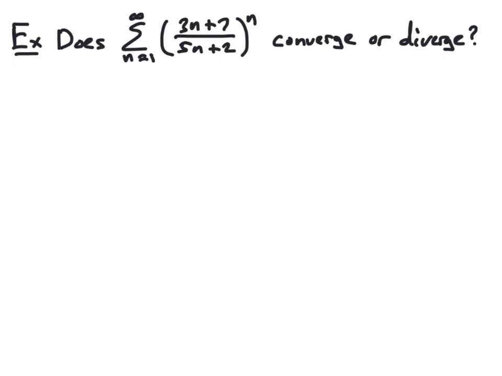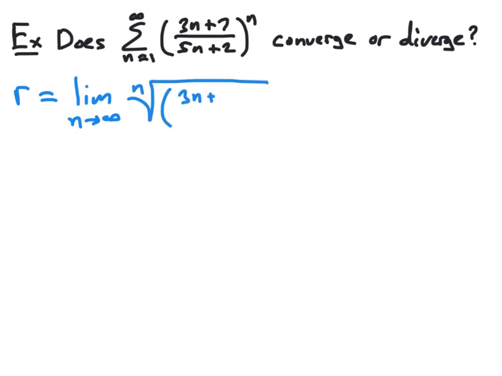And whenever we have nth powers in our term, particularly when the whole term is raised to the nth power, then the root test is going to be a very useful test, as it will allow us to get rid of that power. So here, we're going to let r be the limit as n approaches infinity of the nth root of this expression, (3n plus 7 over 5n plus 2) to the nth power.